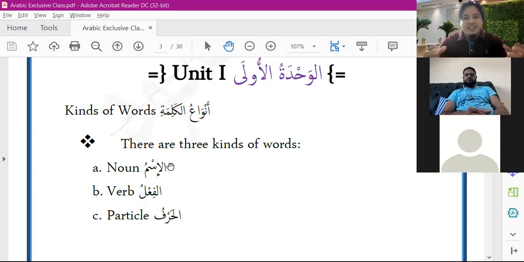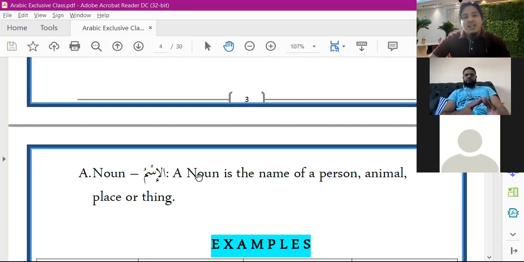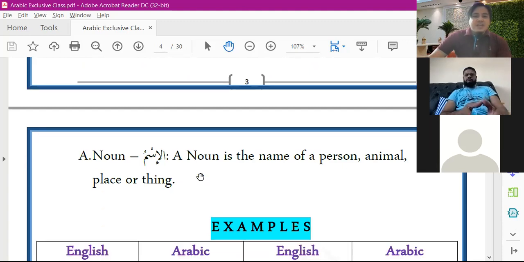For us to create a speech, you must have the noun, verb, and particle: al-ism, al-fi'l, and al-harf. So hopefully you memorize these three things. Okay, so let us go to al-ism. Al-ism is the noun, the name. A noun is the name of a person, animal, place, or thing. Very easy to remember.